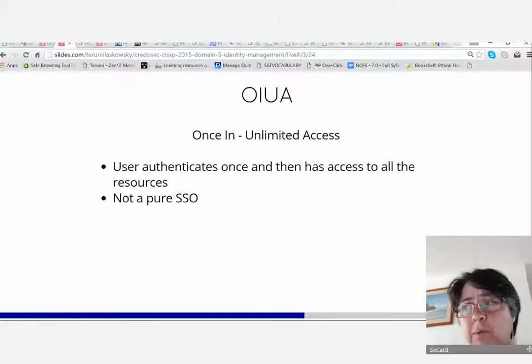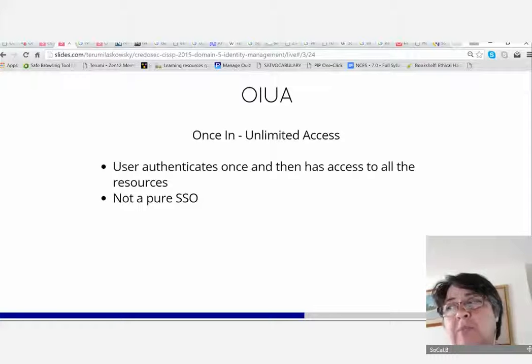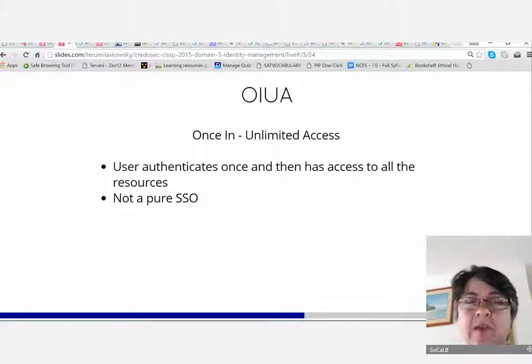But with once in unlimited access, it doesn't sound like you have any other type of authentication going on inside whatever realm you are in. That's why it's not a pure single sign-on.